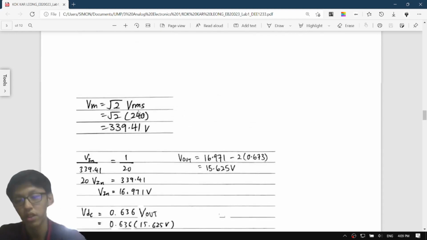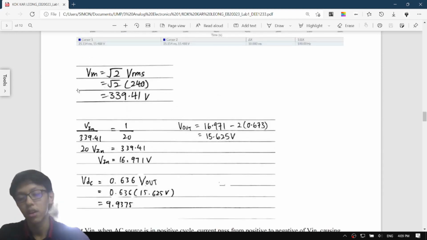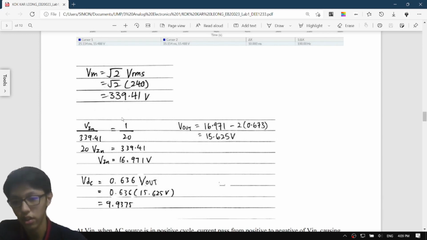So for the calculation part, V peak is equal to square root 2 multiplied by V RMS. So square root 2 multiplied by 240, and this is the answer, 339.41 volt.